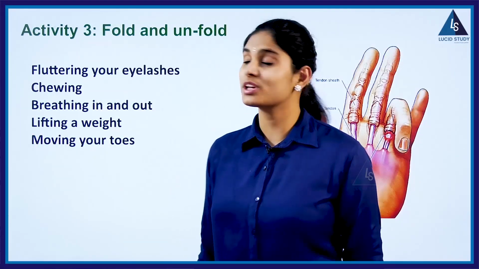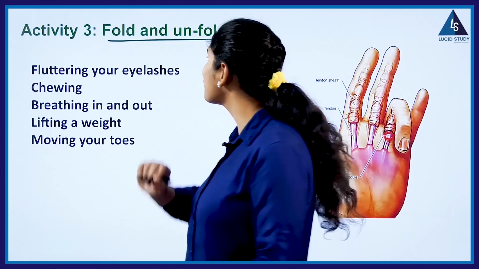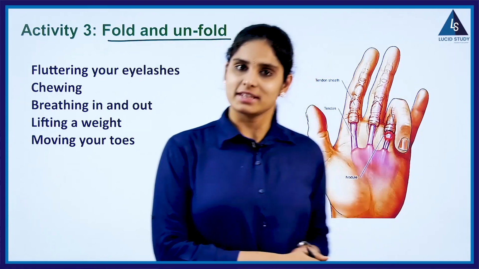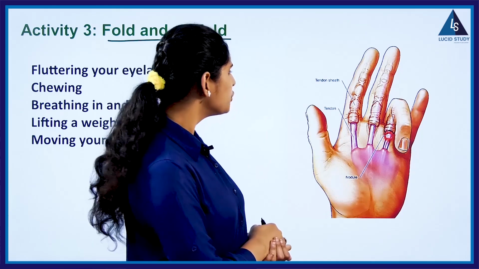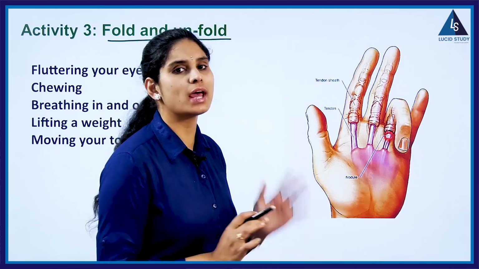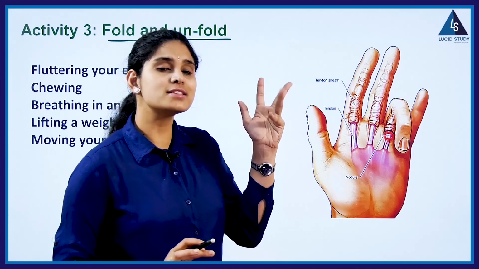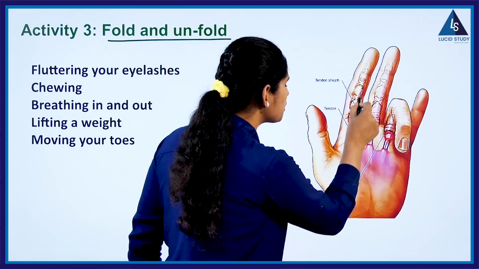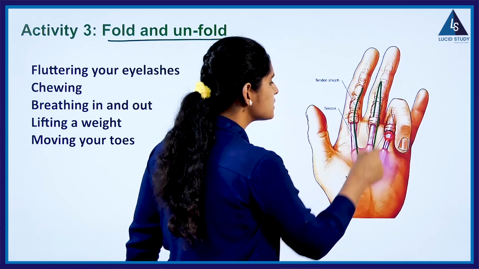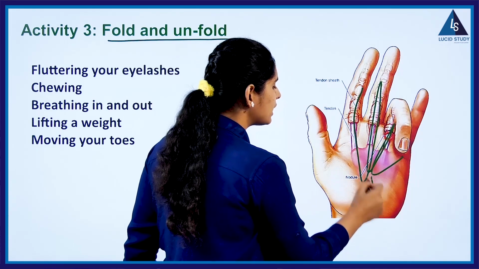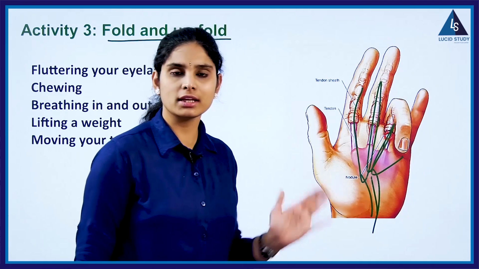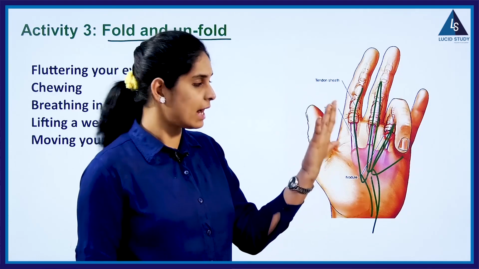This is activity 3 where we are going to learn about fold and unfold. Yes, see the picture here. Don't you feel something is being shown along with the picture of our fingers? Yes, these are the structures, especially can you see them on the outside? Can you just feel them in our hand now?